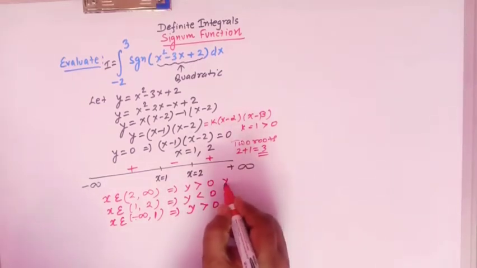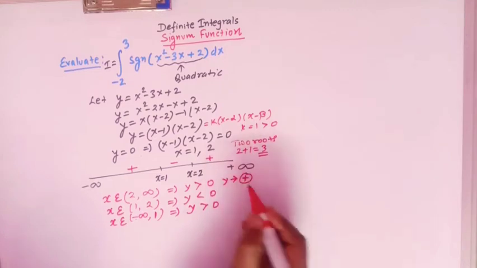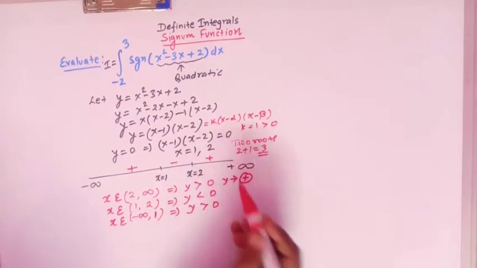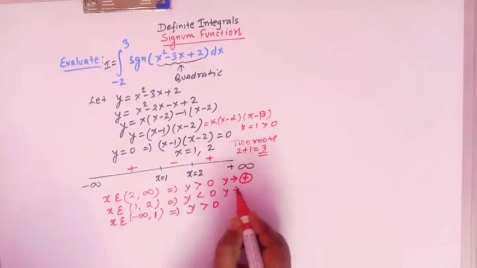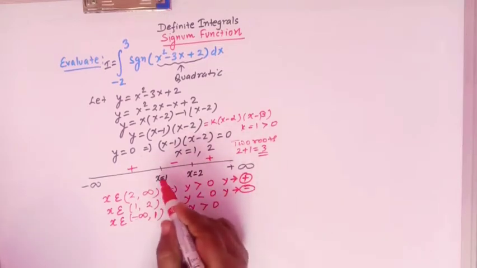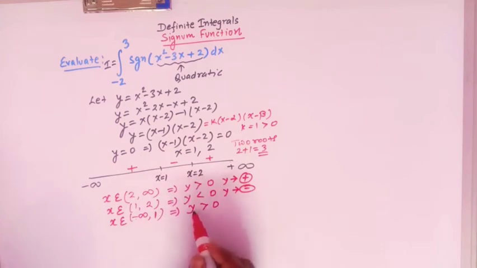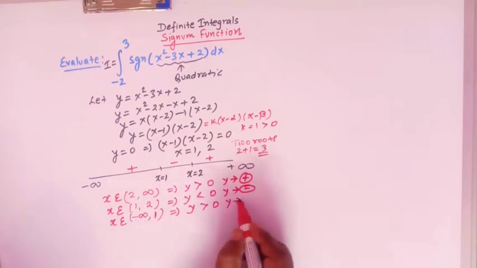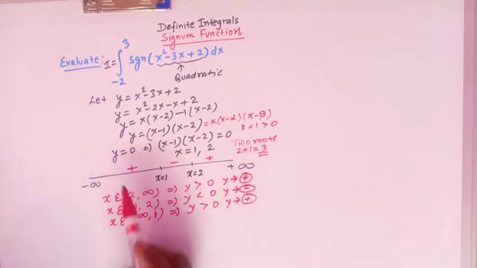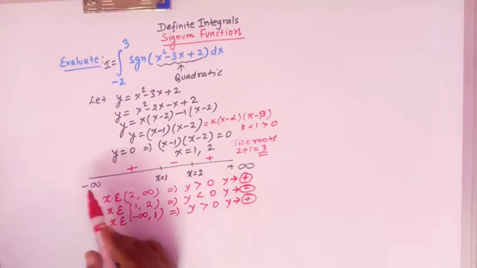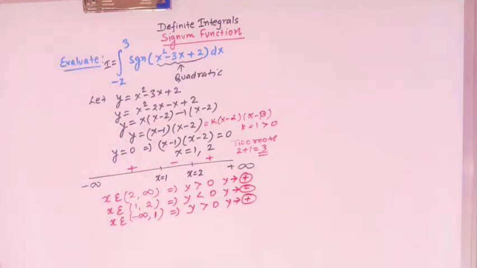Or we can say that y is positive in the interval 2 to infinity, y is negative when x lies between 1 and 2, and y is again positive when x lies between minus infinity and 1.